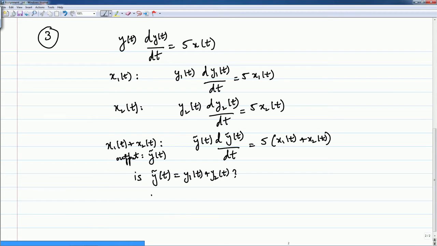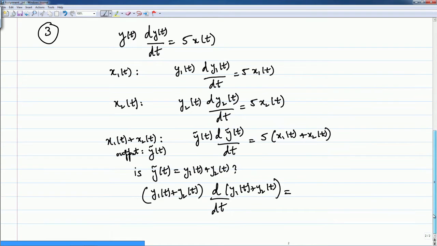Let us try that. y1 of t plus y2 of t, times d by dt of y1 of t plus y2 of t. Okay, so, we know how to simplify these terms. You do the differentiation, multiply, etc. You are going to get y1 of t dy1 of t by dt plus y2 of t dy2 of t by dt.